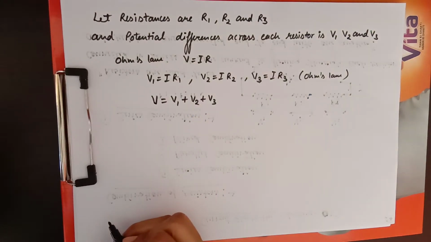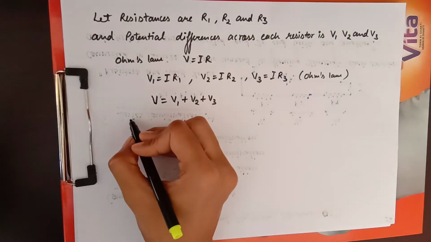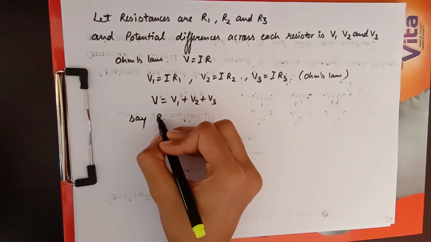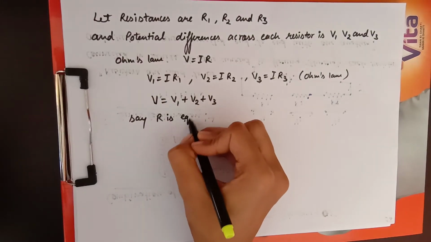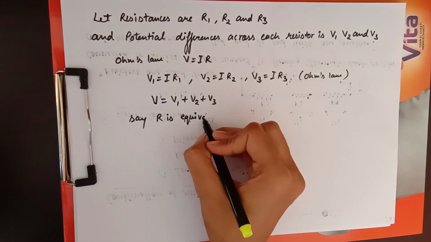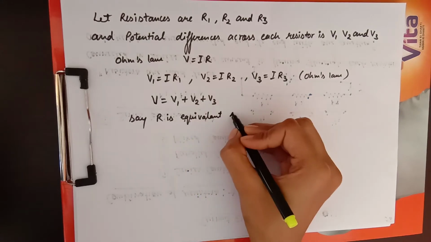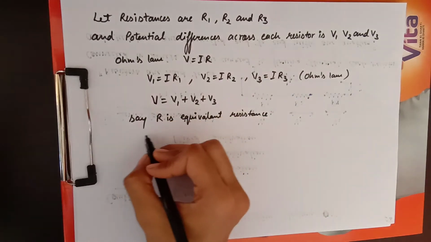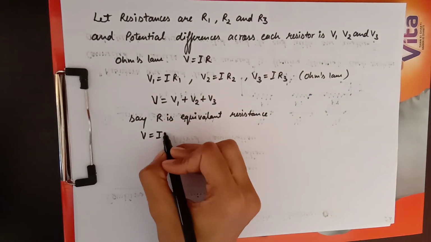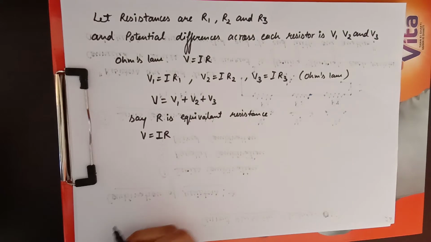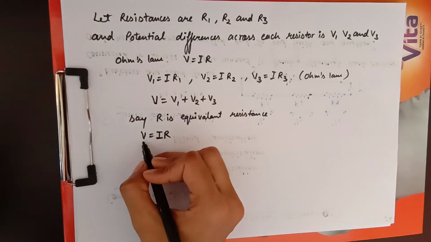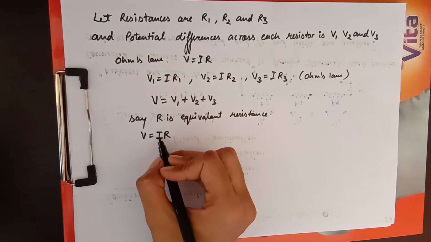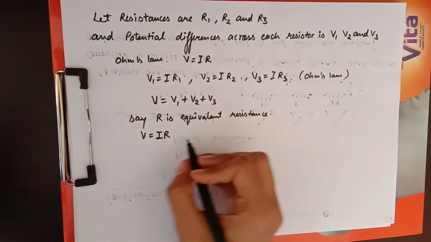And if R is the equivalent resistance, then V can be written as V equals IR. R is the equivalent resistance, V is the total potential difference, and I remains the same for series combination.